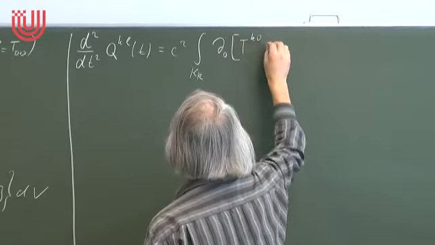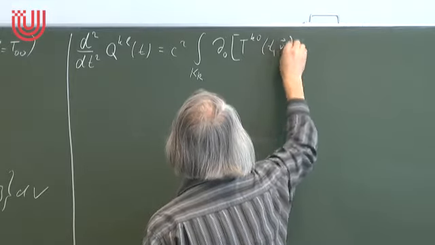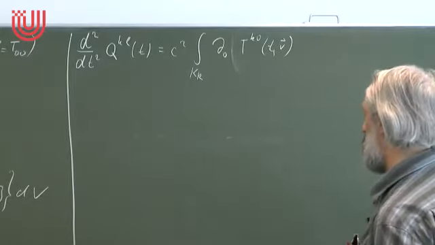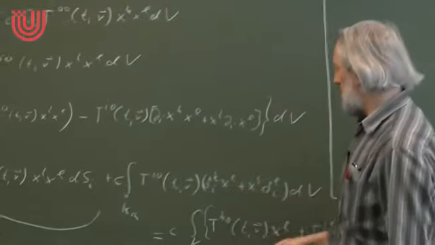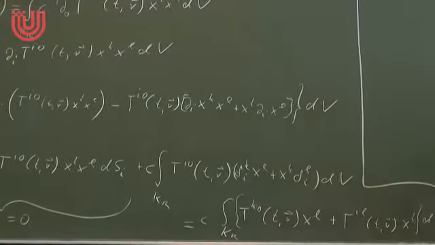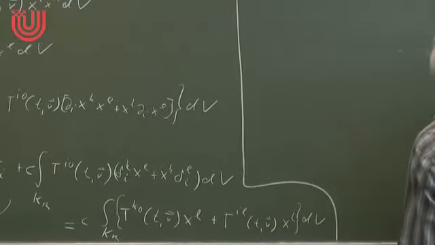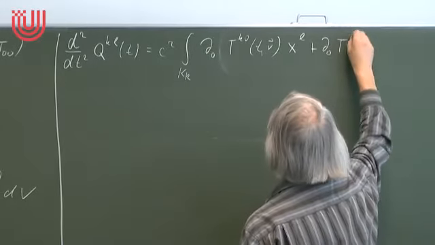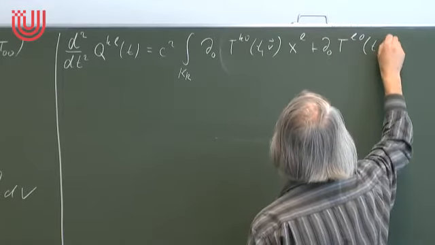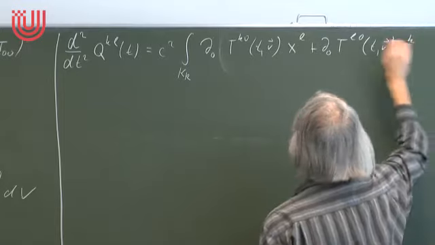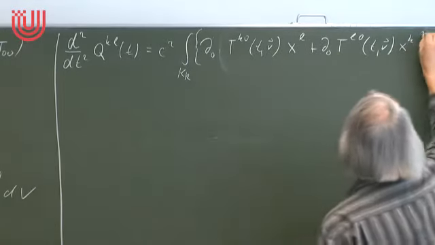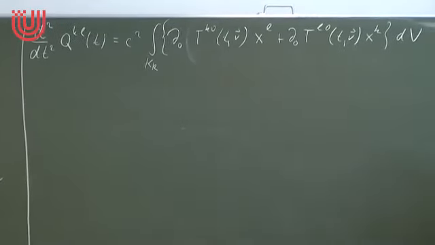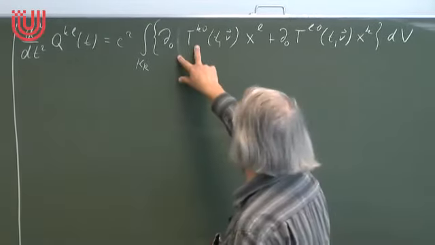T^{k0}(t, r) x_l. Well, actually only the energy momentum tensor depends on t, right? This x_l is independent of t. So I can write it outside of the derivative, plus T^{l0}(t, r) x_k. I play the whole game again. So I use again the fact that the divergence vanishes.